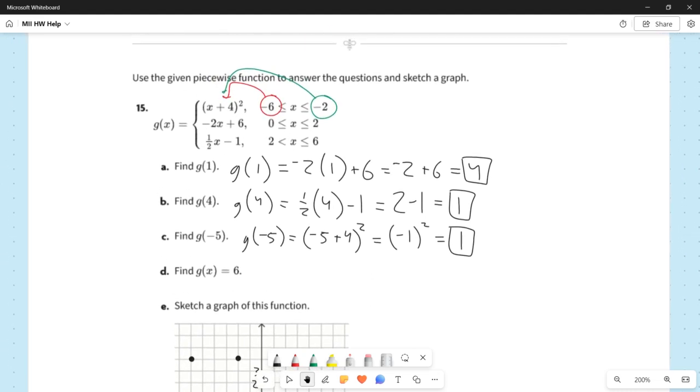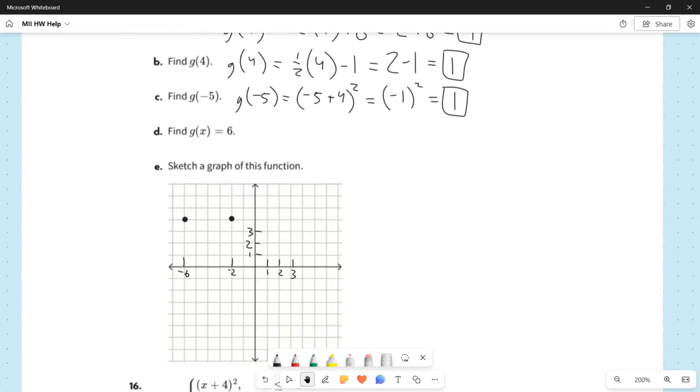Now, if you remember from the quadratics unit, the vertex of the parabola in this case is going to occur when x equals -4, which is also within our bound, right? -4 is between -6 and -2. So if we plug in -4, we will get the vertex of our parabola. -4 plus 4 is 0, and 0 squared is 0, which means when you plug in -4, you get 0.